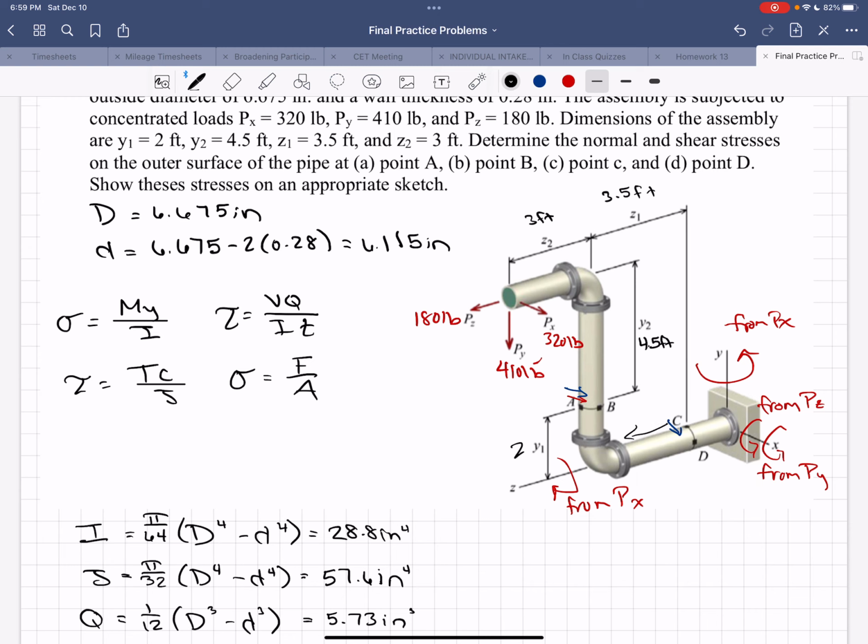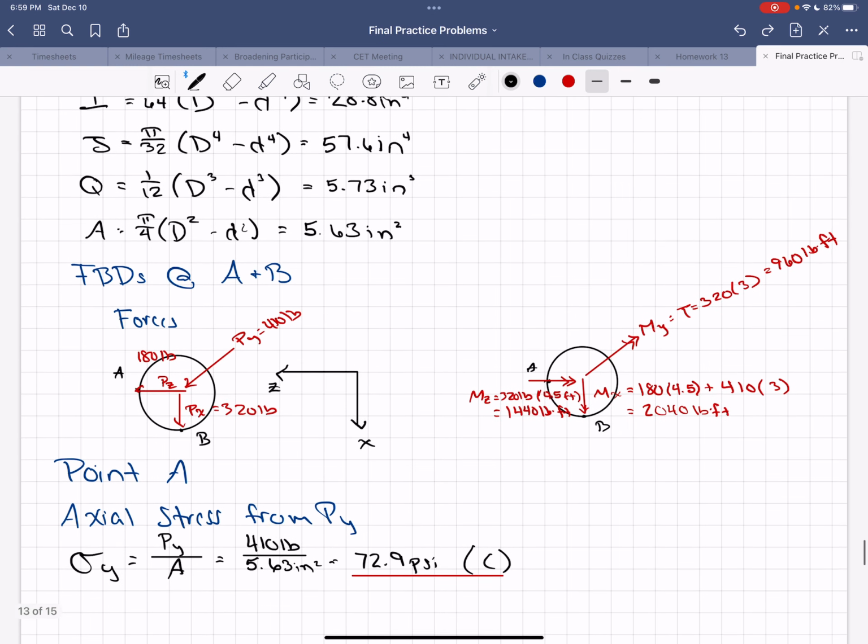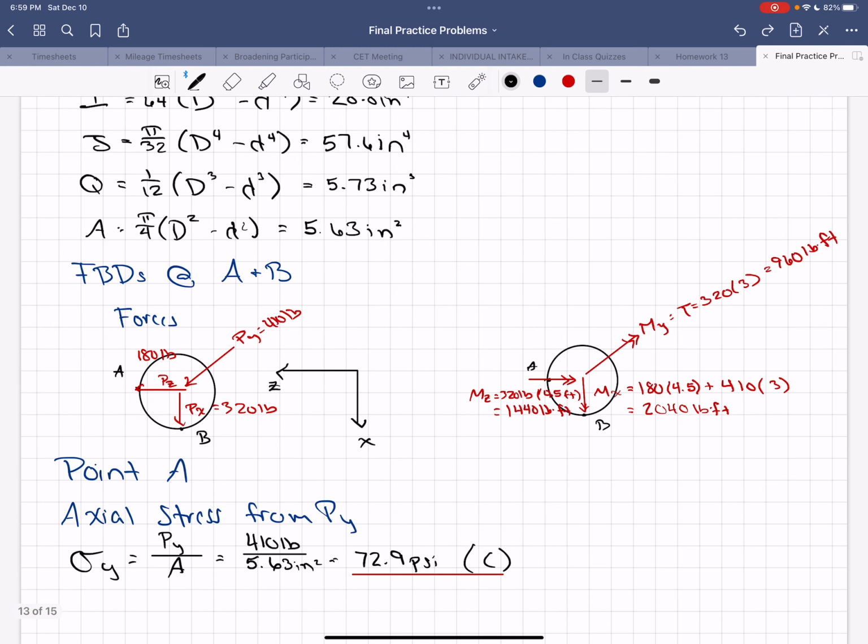So we have Z coming out that way and X coming that way. And on the positive Z face, the shear stress acts in the positive X direction.